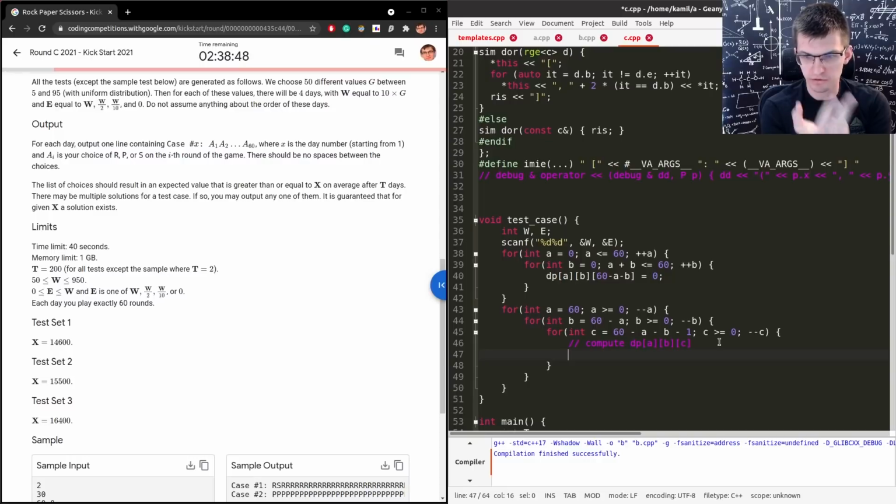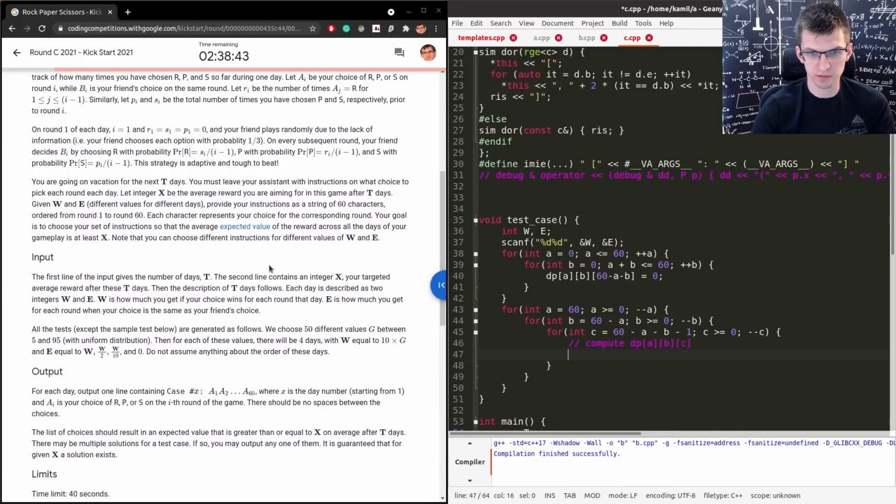And now I need to consider 3 possible moves. I know what are the probabilities for the opponent to make all the possible decisions.